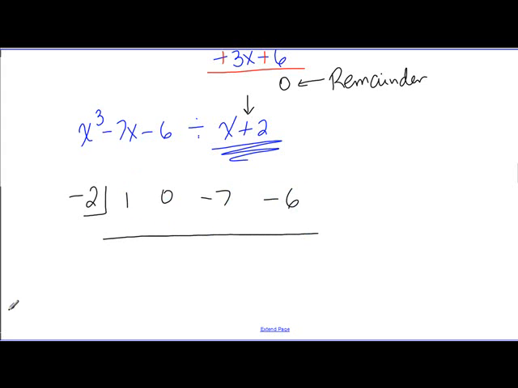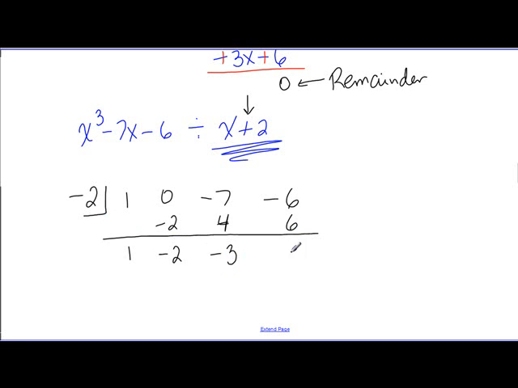Now, you're going to bring the first term straight down, multiply by negative 2, add. Take this number, negative 2, multiply by the minus 2 that's here, add. Negative 2 times negative 3 is 6, add.